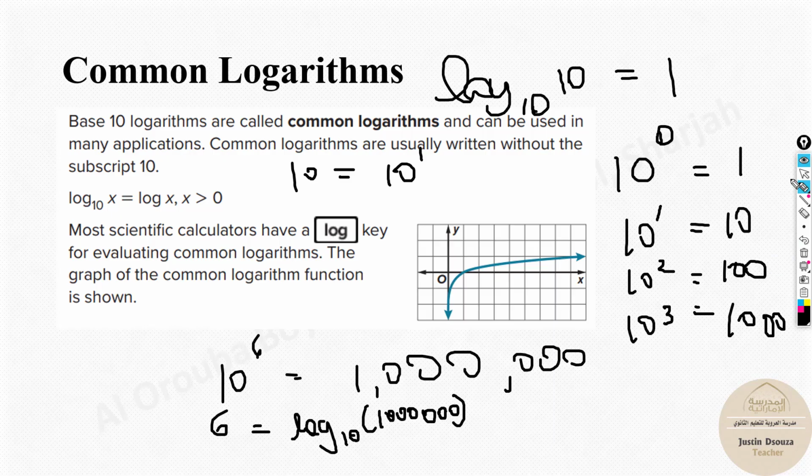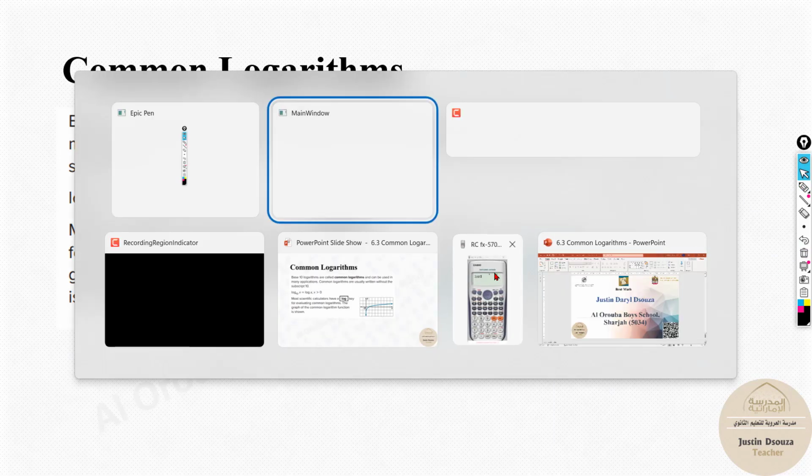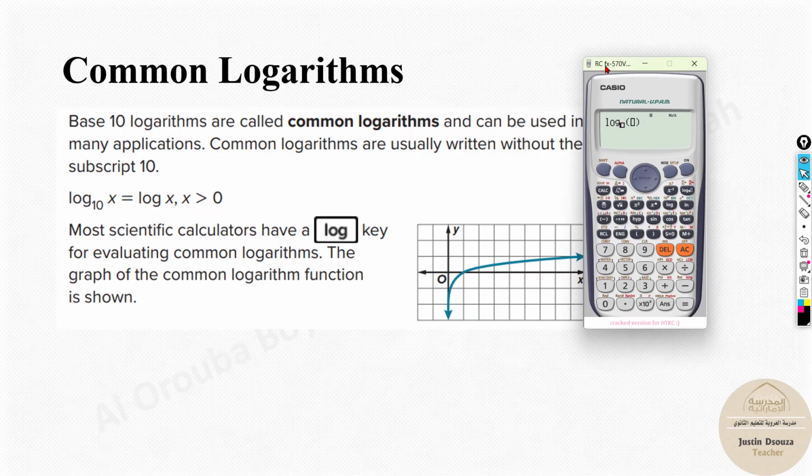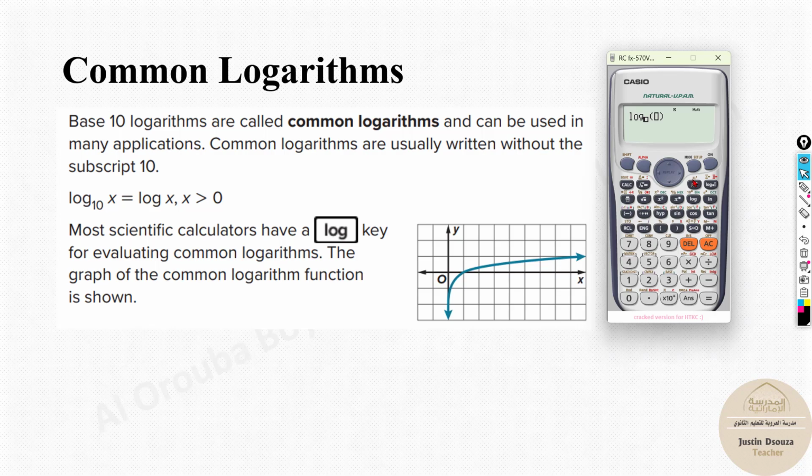Now there's one more thing. If you look at your calculator, you can see there is a log base function. But if you go to the older models, there was no log where you can easily type the base. You used to have only log, and this was always base 10.